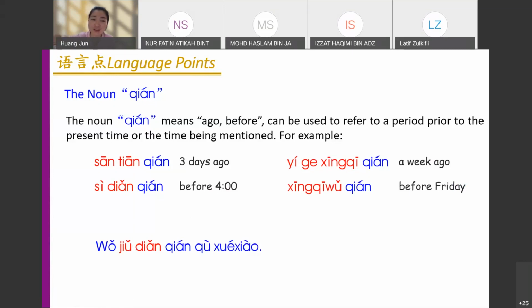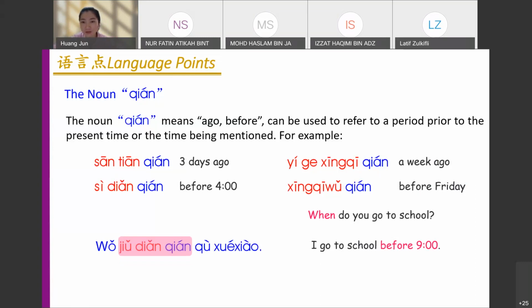What's the meaning here? 我, what means I. Very good. 9点前 means before 9 o'clock. 去 is a new word in lesson 4. 去学校 is go to school. So I go to school before 9 o'clock. Very good.